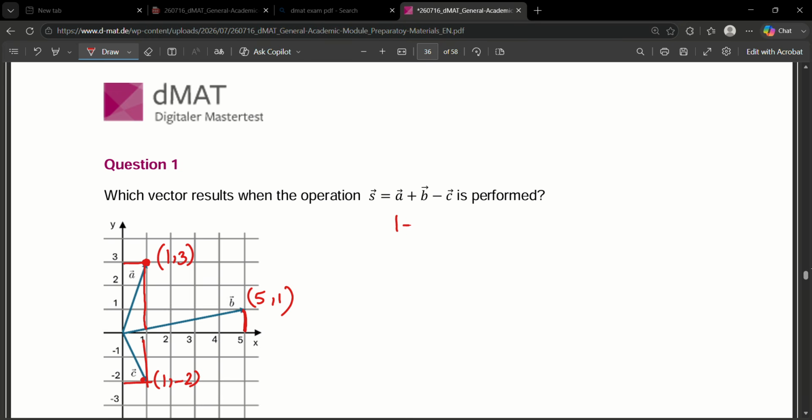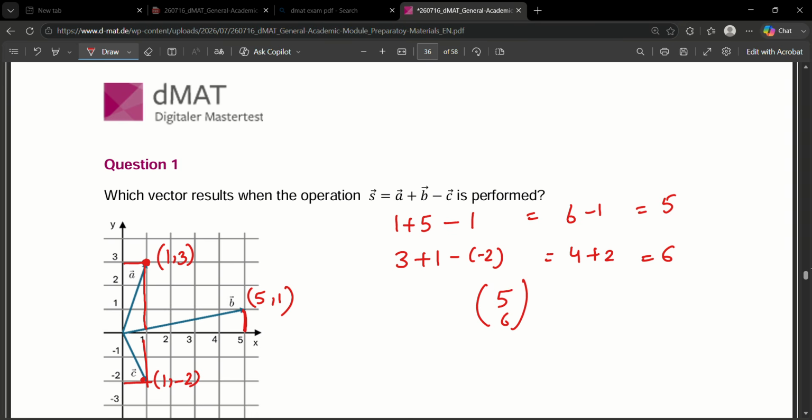That would be 1 plus 5 minus 1, 3 plus 1 minus 2, 6 minus 1, 4 plus 2. The answer would be 5 and 6. So the vector answer is 5, 6.